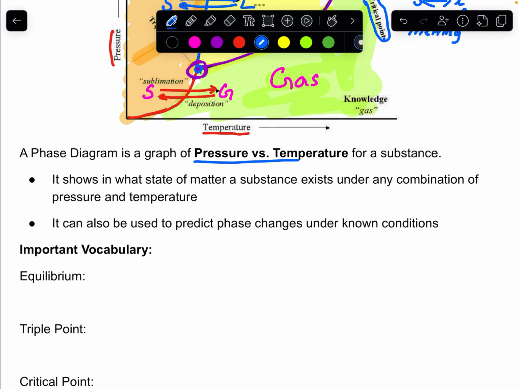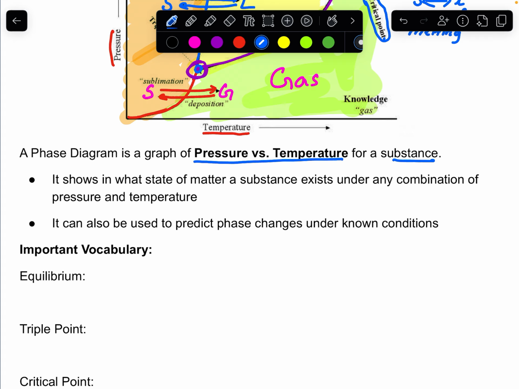Now, a phase diagram, again a definition we already discussed. It's a graph of pressure versus temperature of a particular substance. Each substance has these three lines, but with a slightly different shape. It shows what state of matter exists under any combination of pressure and temperature.